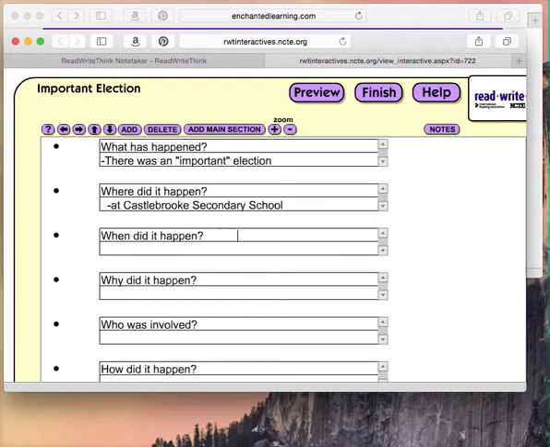When did it happen? Well, previously I mentioned that newsworthy events are usually timely, which means they happened recently. So on the date of the OSSLT, that will be March 26th, we will say that this election happened on March 25th, 2015. Why? Because that is timely.